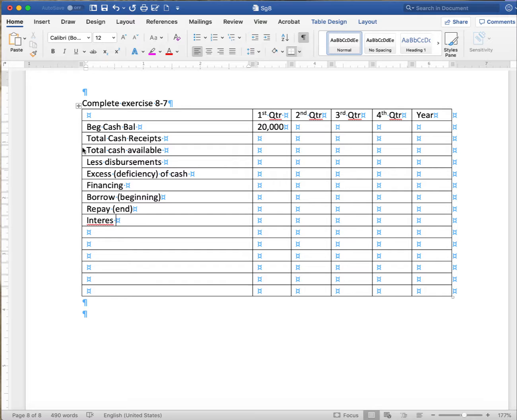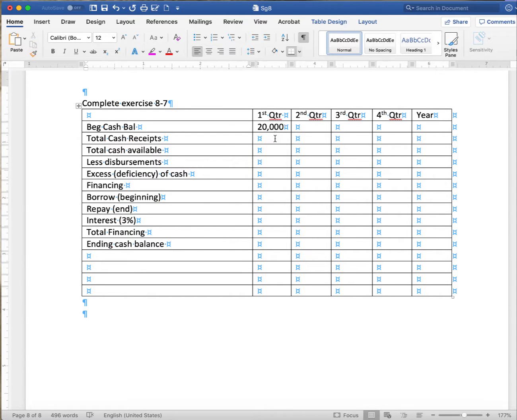And remember, they said that our interest is 3%. Okay. Then I have my total financing. And then I have my ending cash balance. Okay, so this is kind of the formula that we're going to use.